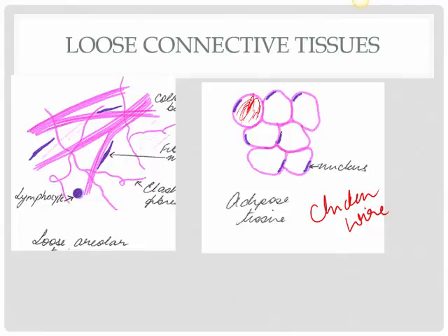They can expand, they can be squished. So that's why it forms good packing material. Usually you see adipose tissue under the skin, around blood vessels, around organs. Again, it helps to protect them, keep them in place, anchor them, and of course as packing material.